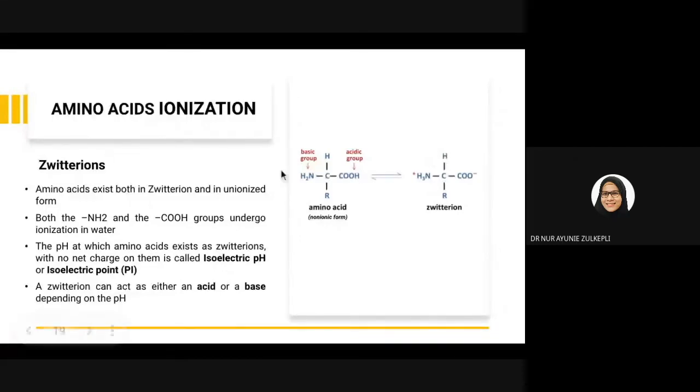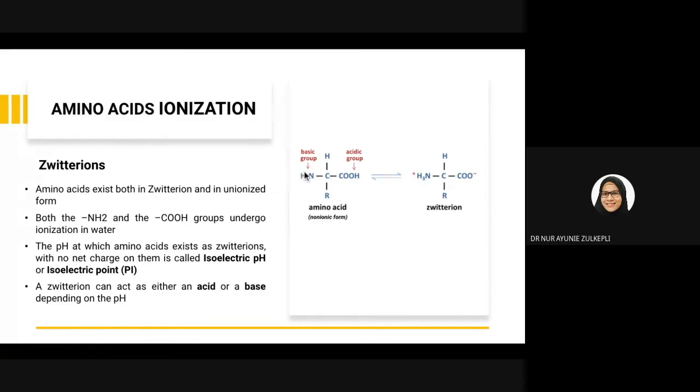If you can see here, in the structure of amino acid, both the amino and carboxylic groups can exist as a basic group or acidic group. So it can be ionized when it interacts with water.